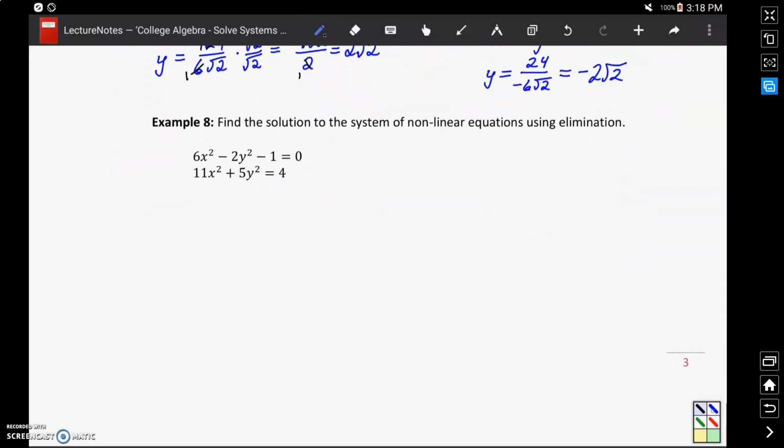In example 8, we'll need to look at updating both equations in order to get one of our variables to completely cancel out.